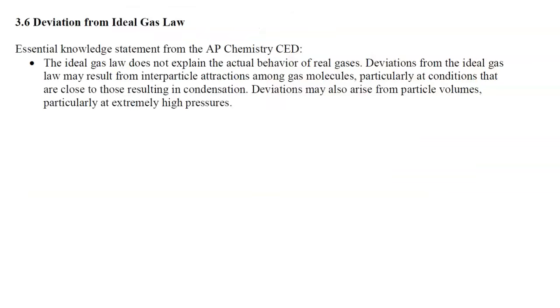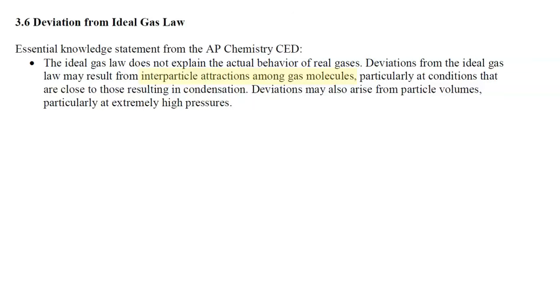So this falls under topic 3.6 in the AP Chemistry course and exam description. This is deviation from ideal gas law. And so when I had taught this topic in an earlier video for topic 3.6, this is how I explained the situation. So the ideal gas law does not explain the actual behavior of real gases.